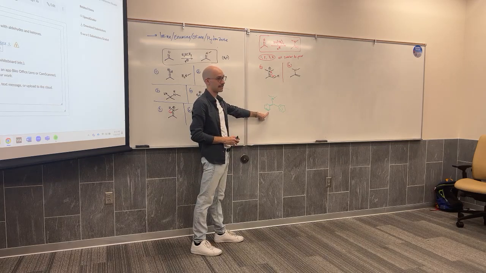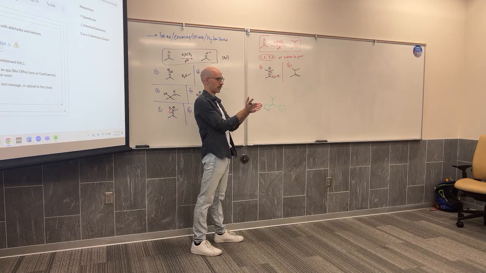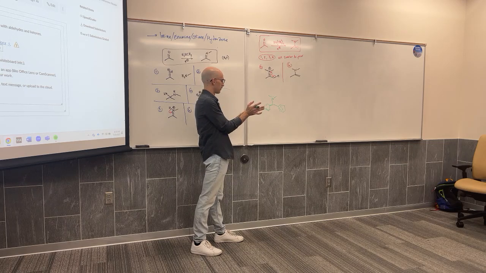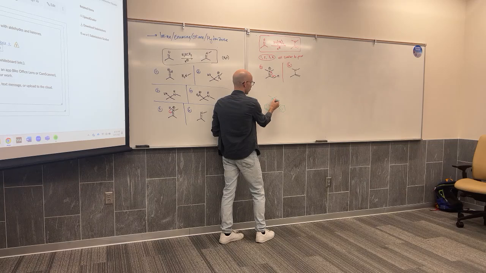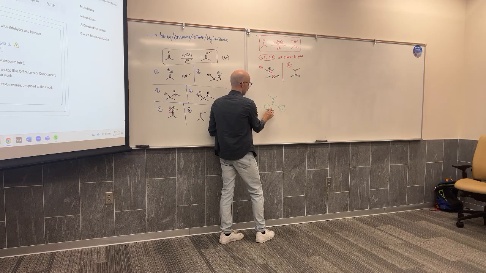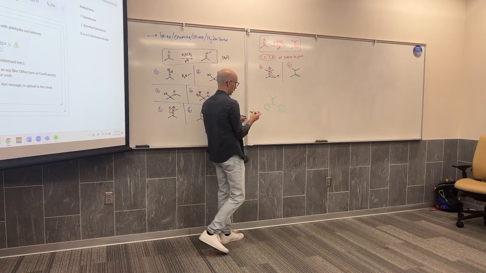Now that is unheard of. That's an sp carbon that's sitting there with 120-degree bond angles. So that's not going to form, which means nitrogen isn't going to be allowed to take on those electrons.